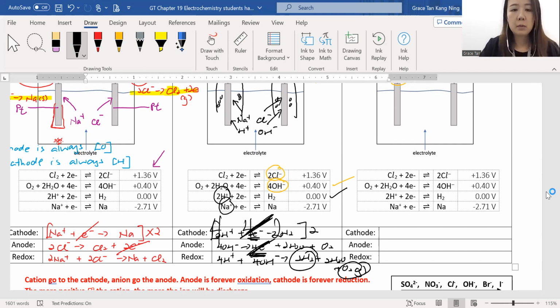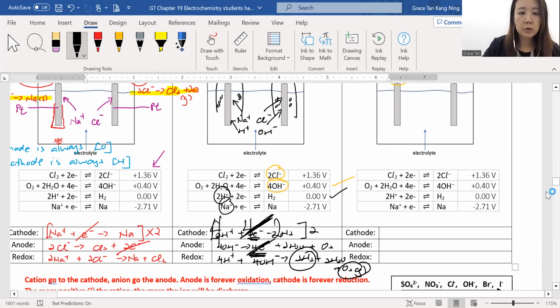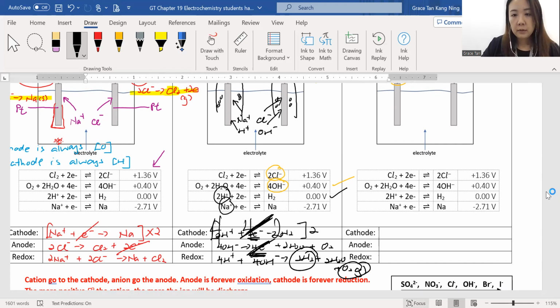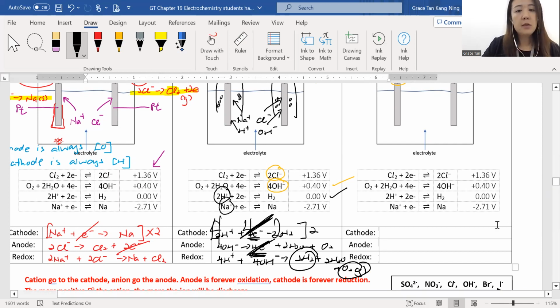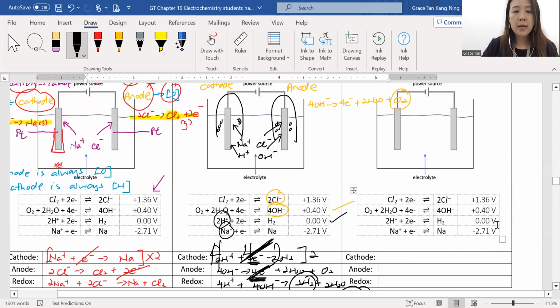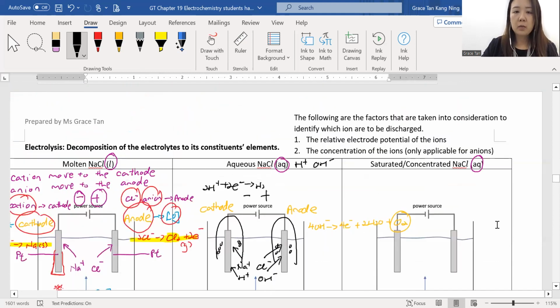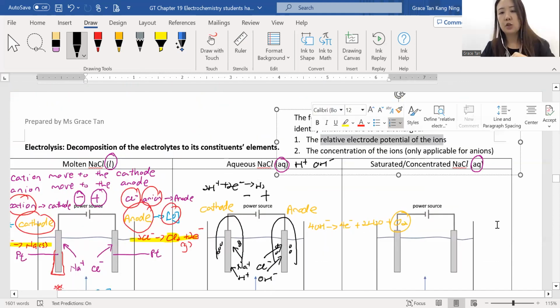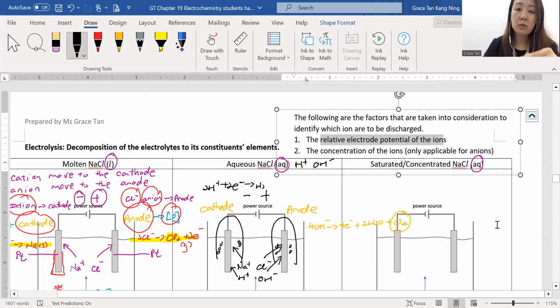Okay, so we have discussed the second example using aqueous state. Based on this second example, where we look at the sodium chloride aqueous state, we actually use factor number 1, which is the relative electric potential, to decide which ion will be discharged.